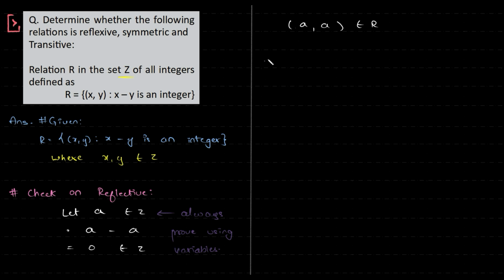Now, sorry, I didn't complete. With this, we can tell that it belongs to R and R is reflexive. Okay, it looks okay. Next is symmetric.